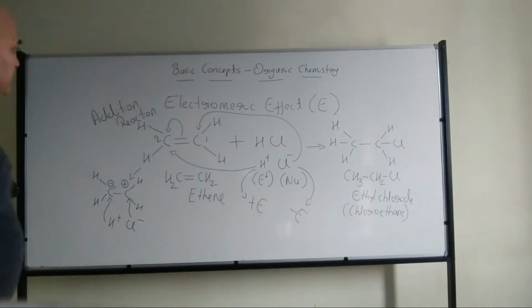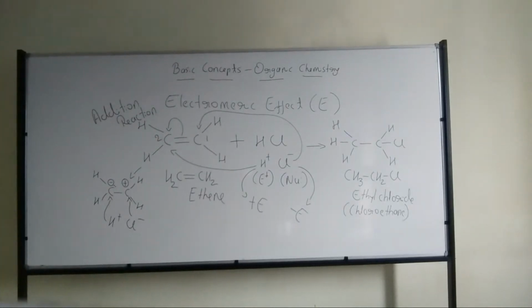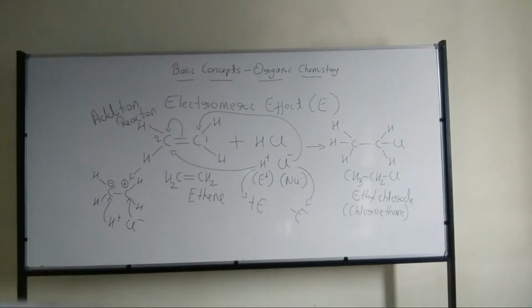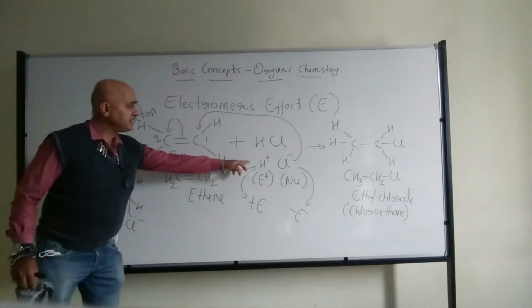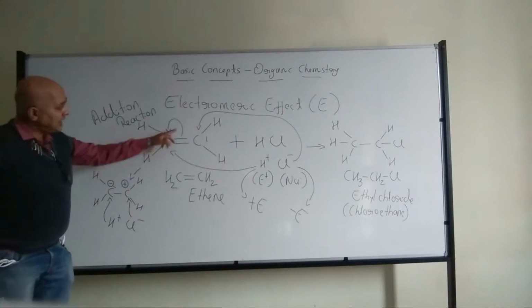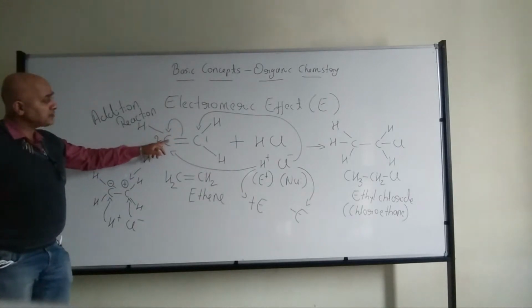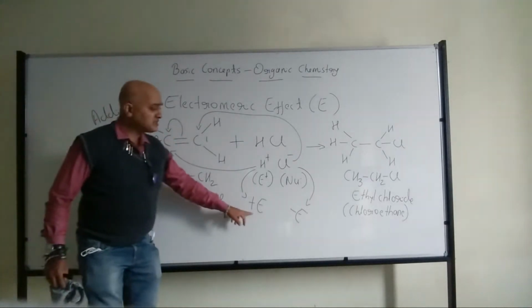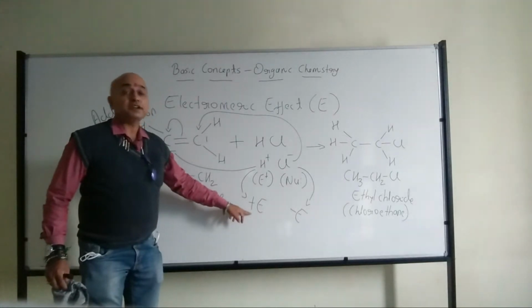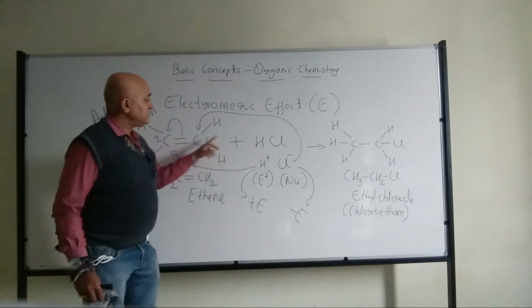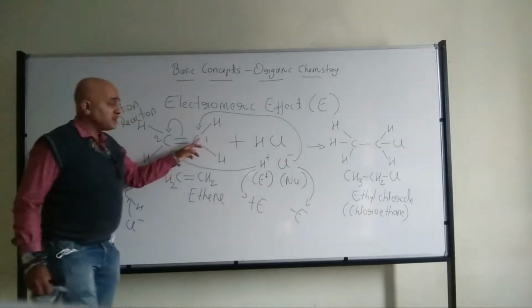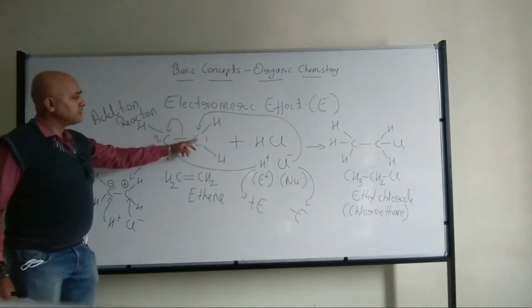Anyway, I will stop here, but any doubt? If you have not understood, let me know. What I mean to say here is H plus is coming to carbon 2 and the electron is also shifted to carbon 2. So, positive electromeric effect with respect to H plus. And when it comes to chloride, it is coming to carbon 1, but the electron is moving away from carbon 1.